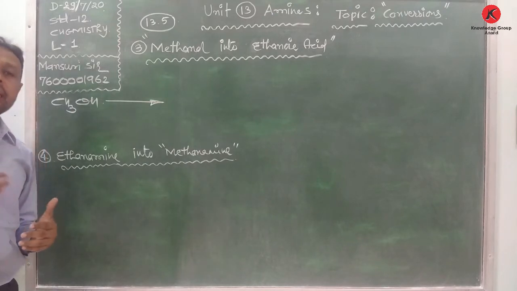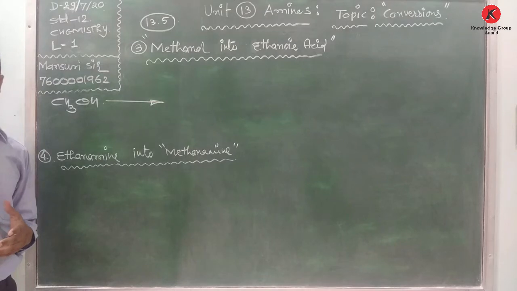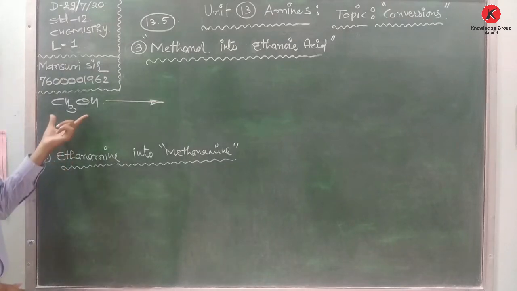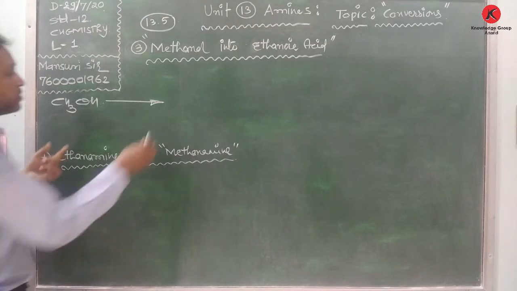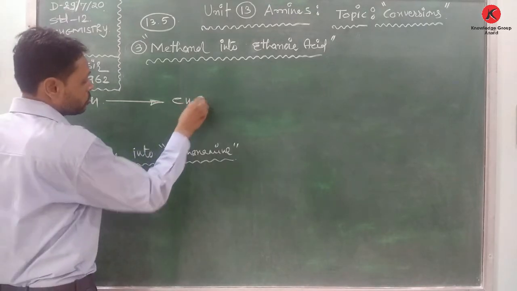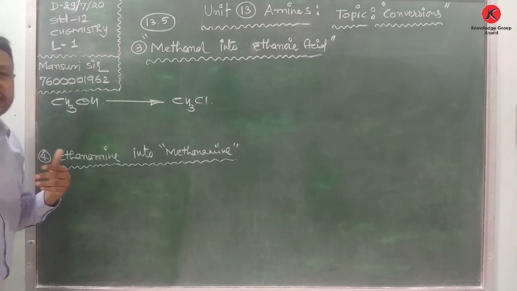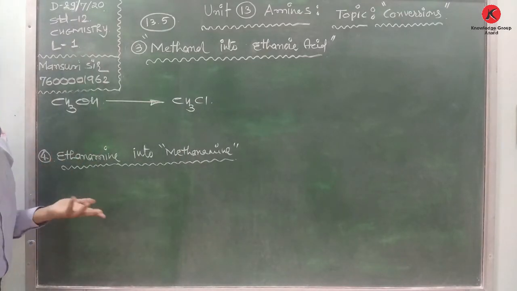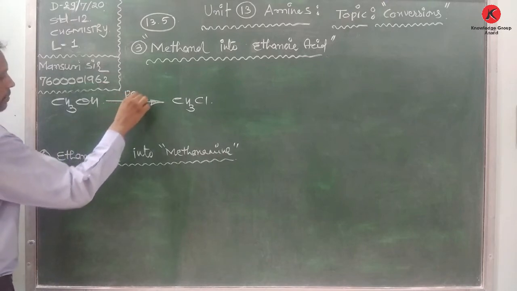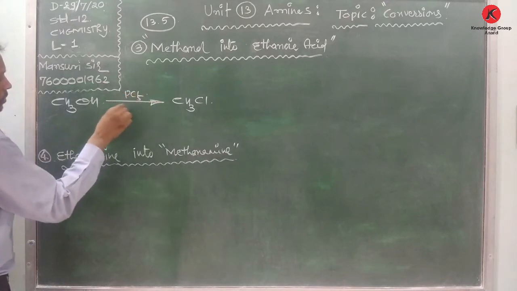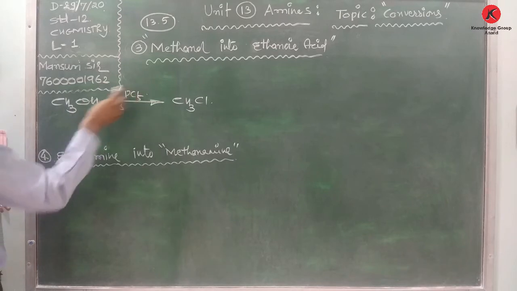Whenever a cyanation reaction is there, we should have a chlorine atom. So methanol is converted into methyl chloride by using PCl3, PCl5 or SOCl2. I will take PCl5. Now what will form here?